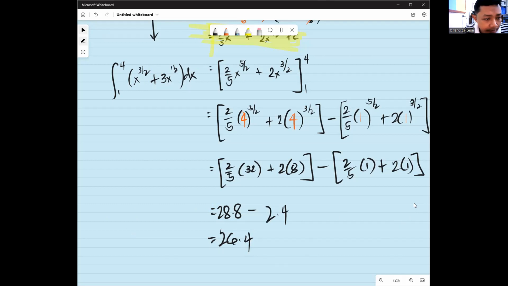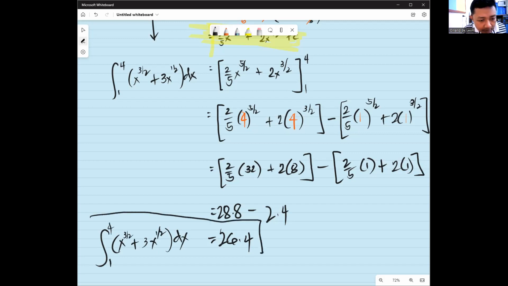So with this, we can now conclude that the definite integral of the function x raised to 3 over 2 plus, the given, same lang yun, 3 times x raised to 1/2 dx bounded from 1 to 4 is equal to 26.4. That's it. Got it? That's the process.